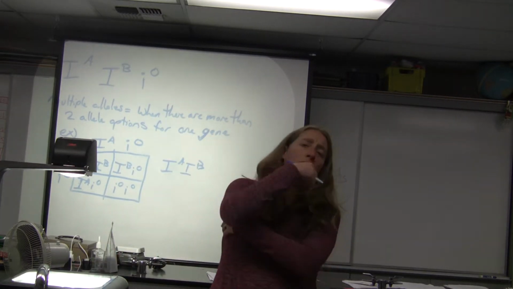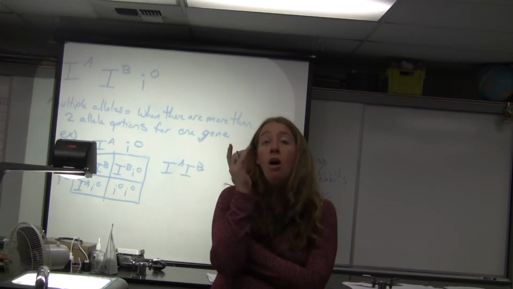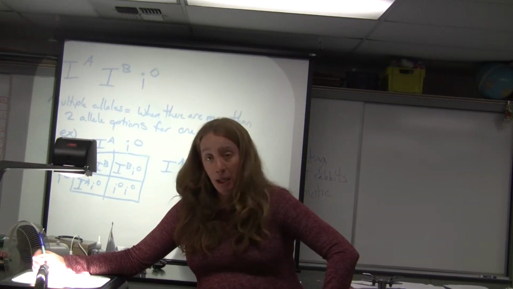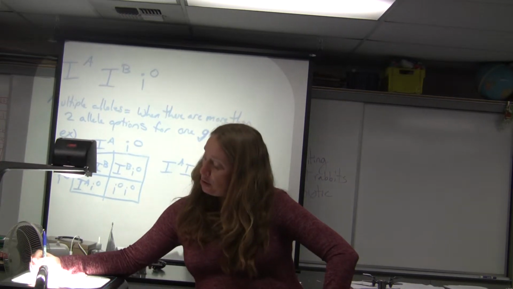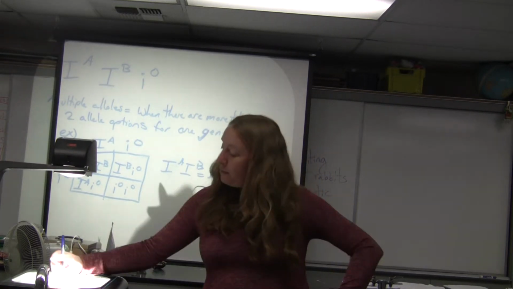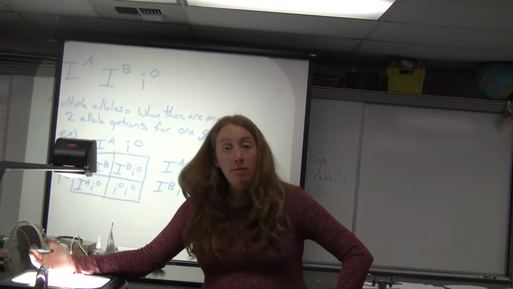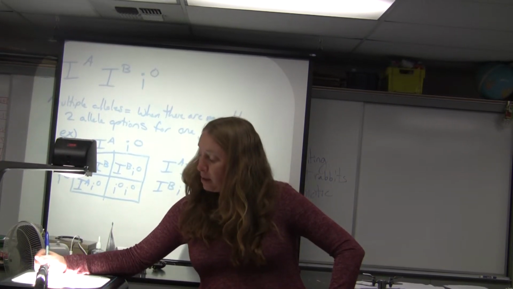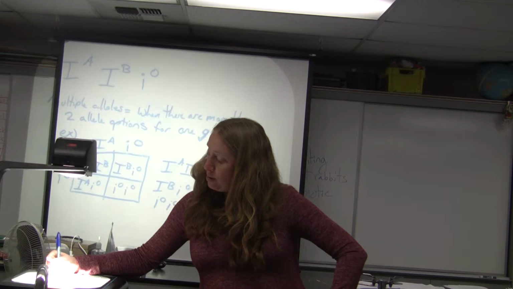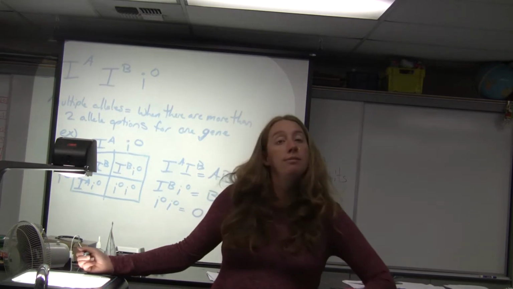So looking back at our earlier laws, which law applies? Correct. Codominance. So because the A and the B are both dominant, they both show up and the person has blood type AB. If the person has a blood type B, but it's matched to a recessive, the recessive loses like always, and this person has blood type B. But if blood type O is matched to another O, you end up with blood type O.